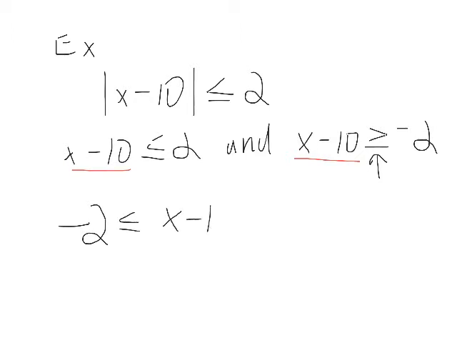Then our variable expression comes next, and then our larger constant would come last. Notice that both of the inequality symbols are the same as the one that's in the absolute value. So a lot of people just go straight to this form, and if you want to do it that way, that's fine. You can do these as three-part inequalities. Just keep in mind that when we do the greater than absolute value, they cannot be written like this, okay?